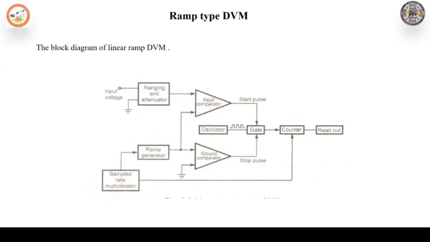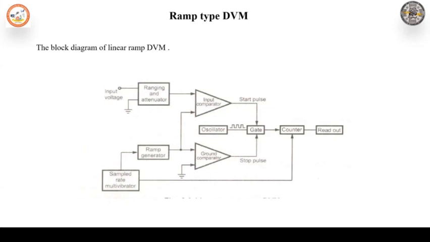The oscillator drives the counter. The counter starts counting the pulses received from the oscillator. Now, the same ramp is applied to the ground comparator and it is decreasing. Thus, when ramp becomes 0, both the inputs of ground comparator become 0, that is equal, and it sends a stop pulse to the gate due to which gate gets closed.